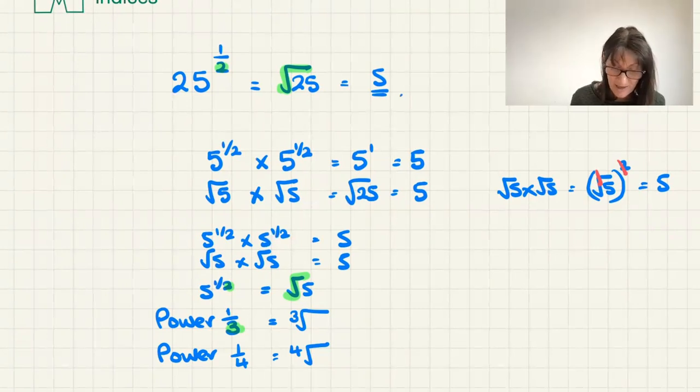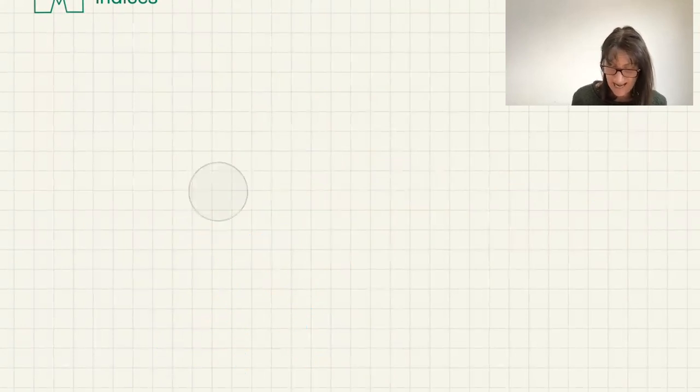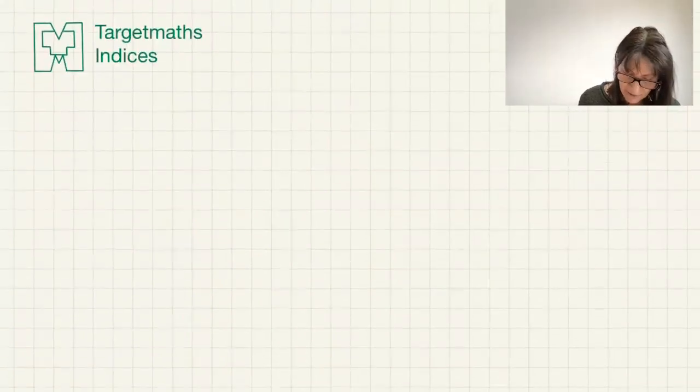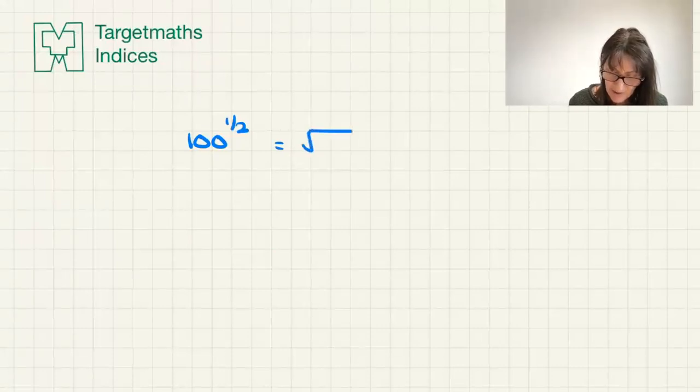Okay, so let's practice a couple of these. See it in action. So if I gave you, let's just move that down. If I gave you 100 to a half, what would you do? Okay, you should be pausing and hitting play. A half is the same as a square root.